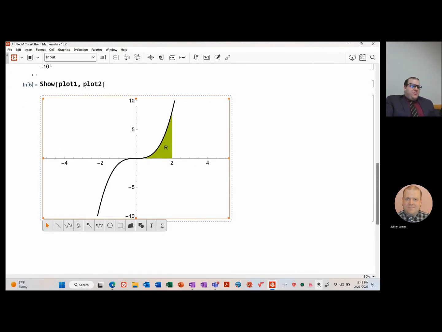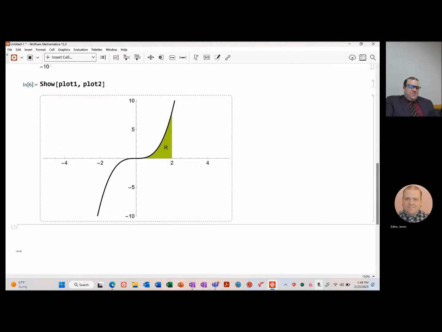So the first thing we're going to do is plot the region. Let's plot 3 for right now. Start by plotting two curves, 4x squared and 16.